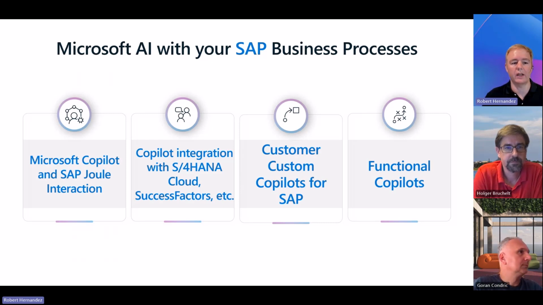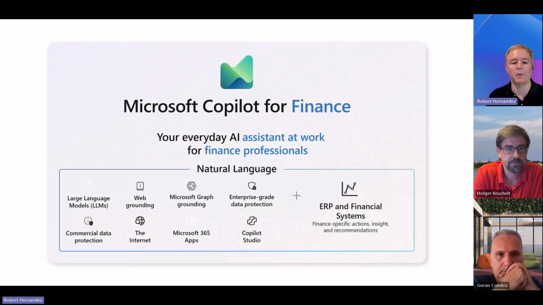You have the Copilot integration with the S4 public cloud, plus SuccessFactors and Concur and some others there. You have the custom Copilots, which we just saw, but also Microsoft is working on business specific Copilots as well, focused on certain business processes and functional business processes. Probably the one that may be most relevant to the SAP world is there's a Copilot specifically around finance.